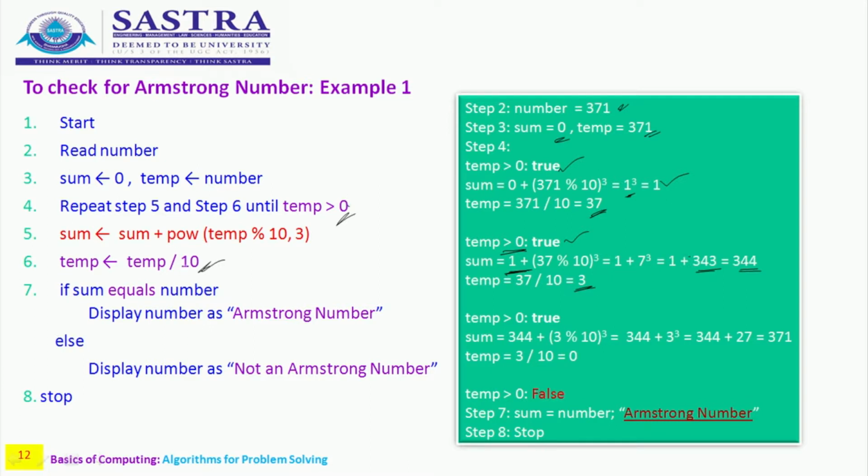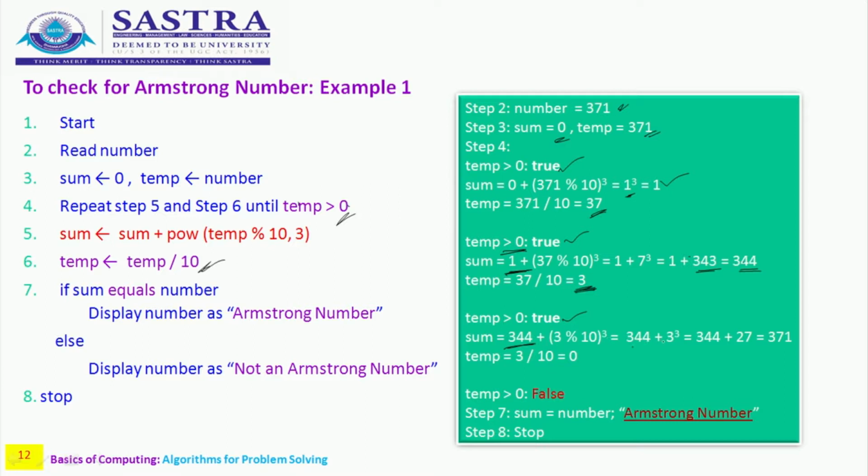And once again you have to go back and check. When you are coming to this step, you have to go for checking the looping condition. The looping condition is temp must be greater than 0. Yes, your new temp is 3, which is greater than 0, which gives you true as the result. So sum is equal to previous sum, that is 344 plus temp mod 10, 3 modulus 10, whole power 3.